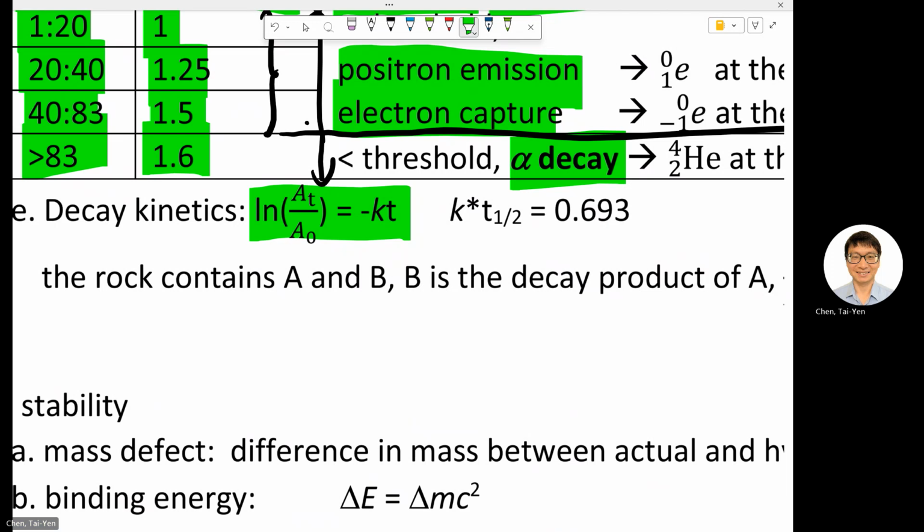What is A0? The initial concentration. Now what's new in this chapter is that we're talking about decays, so that's the total number or total amount of your substance that's undergoing decay.